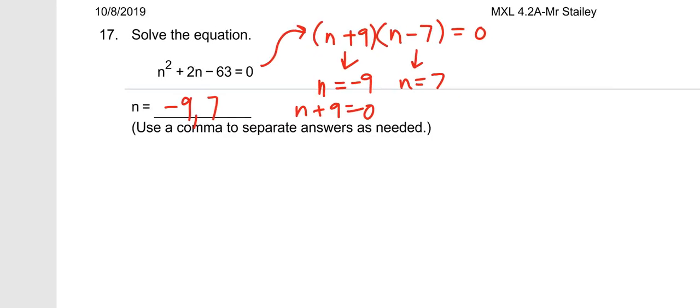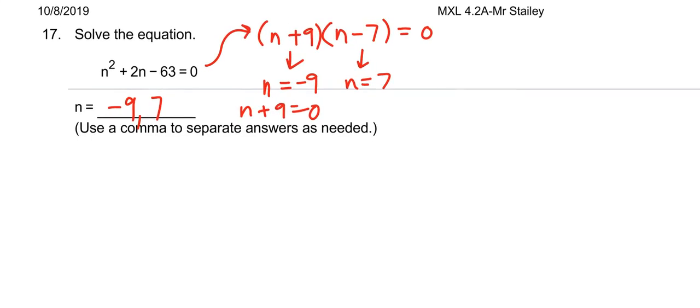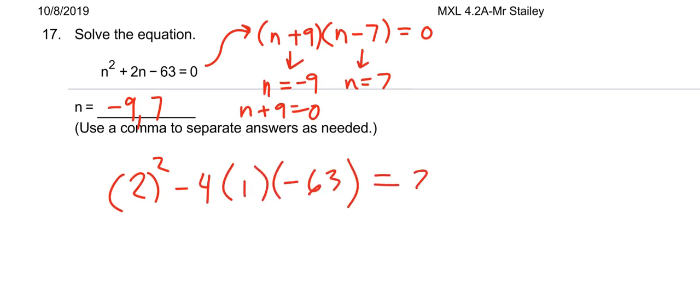Now, if you didn't like the factoring idea, you know that on your next test there will be factoring questions that you will be required to do that method with, but this doesn't ask you to do that. You could use the quadratic formula. If we do the other method, we would have b squared minus 4 times a times c. My discriminant would be 256.